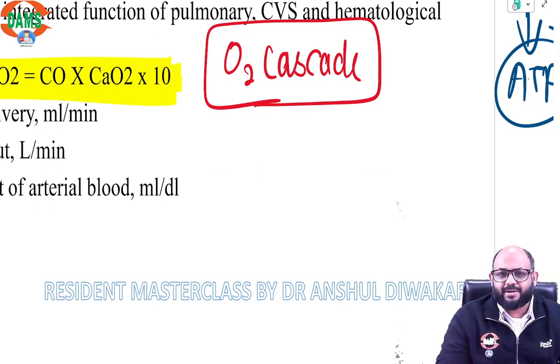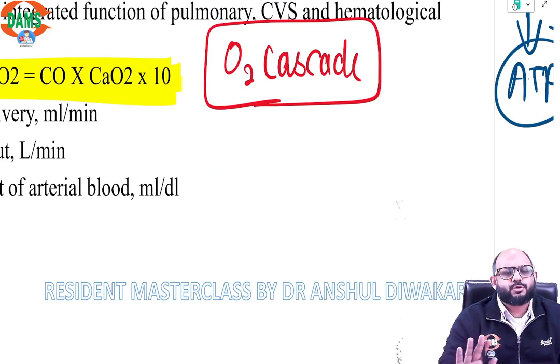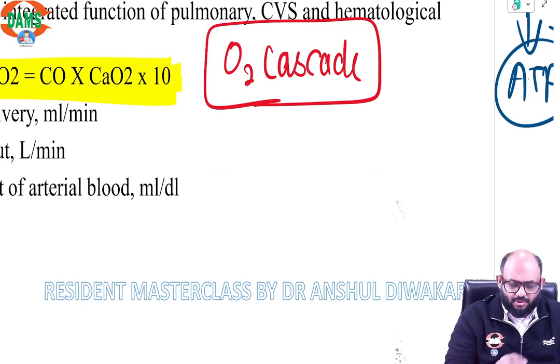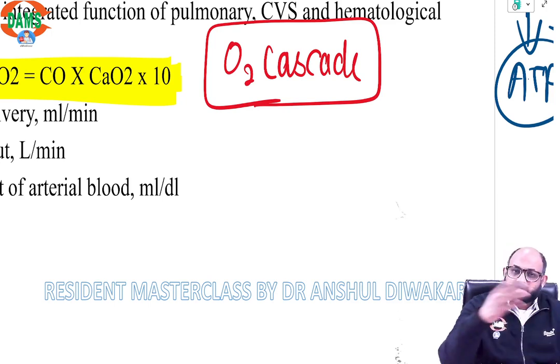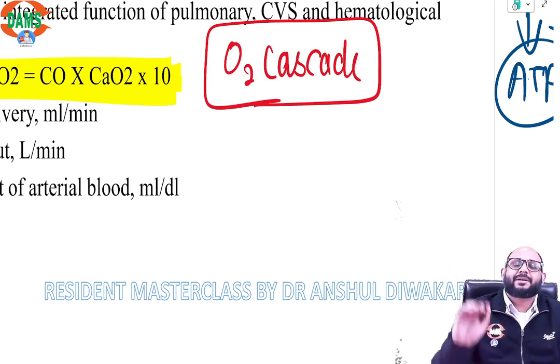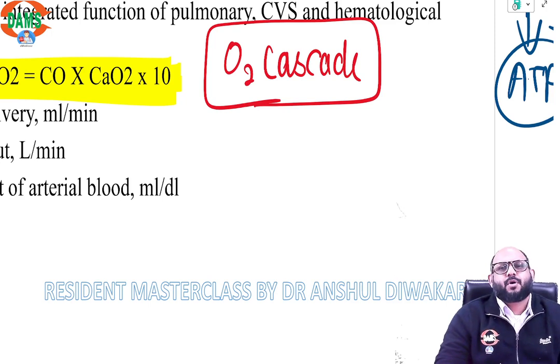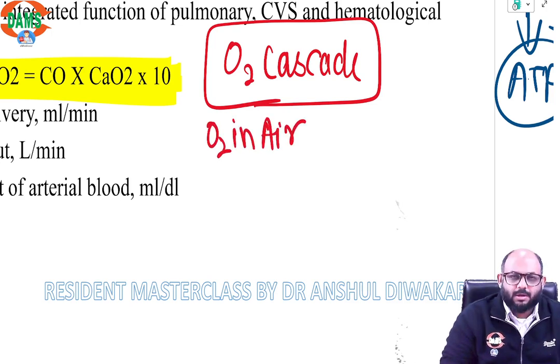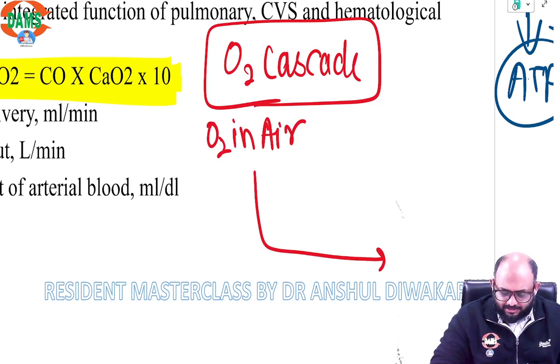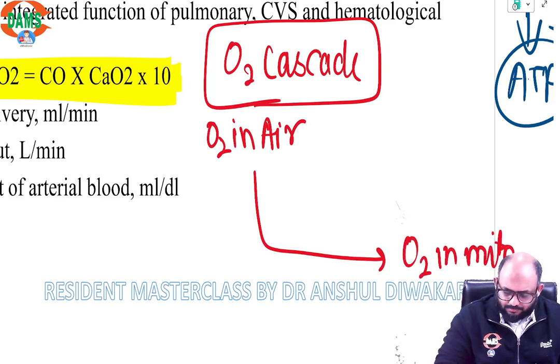But you as respiratory physicians should also know what oxygen cascade is. Oxygen cascade is a step-by-step process which the oxygen passes through to ultimately reach the end point, that is mitochondria. So from where are you taking the oxygen? Oxygen in air. What is the final destination? Oxygen in mitochondria.